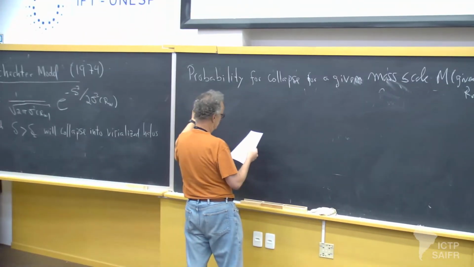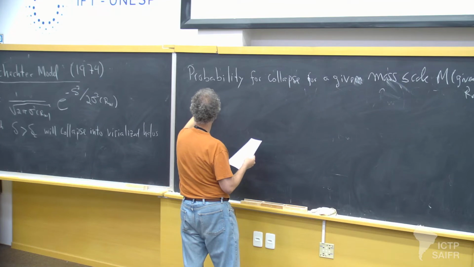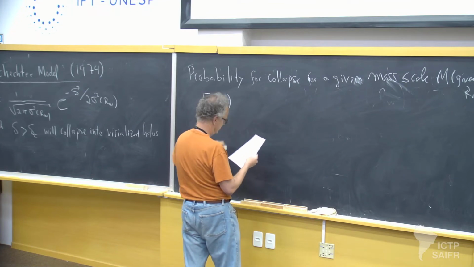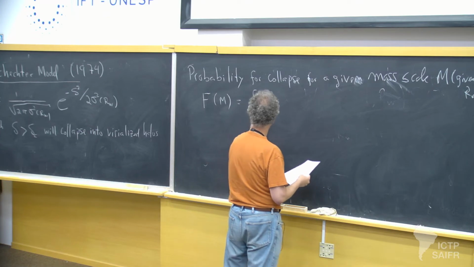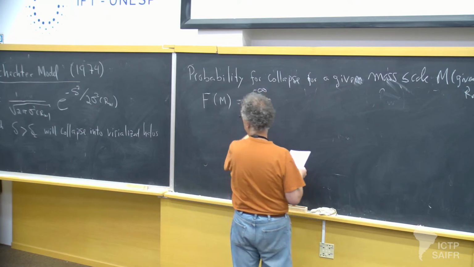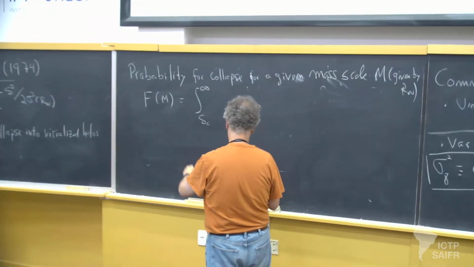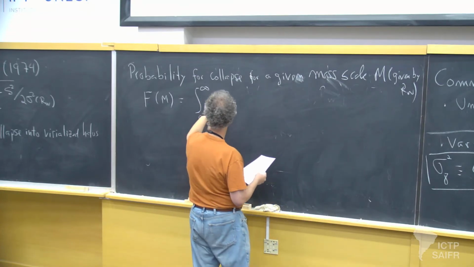I call this f of m for some reason. So this is just what I said: the integral from the critical value to infinity. So anything that's above the critical density will collapse.